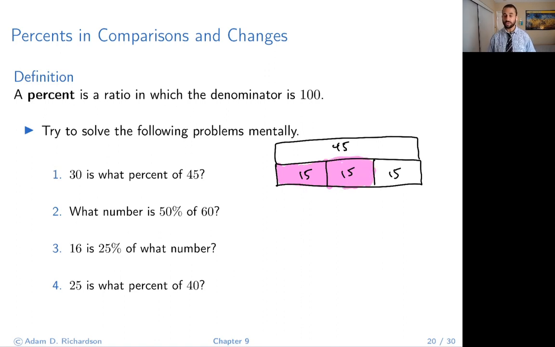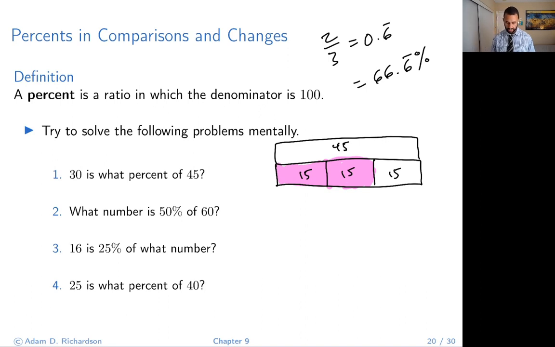So 2/3 of 45 is 30, or 30 is 2/3 of 45. Now, 2/3 is 0.6 repeating. That's something we actually saw in the previous chapter, but you might not remember it. This is one of those that you should probably memorize, that 2/3 is 0.6 repeating. And that means that it's going to be 66.6 repeating percent. So that's how we could do that one.